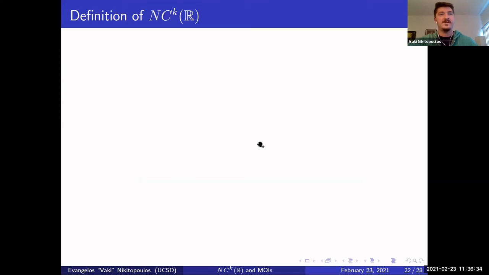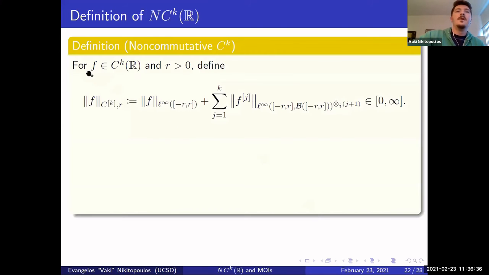This is somewhat of a gear switch now. So if you have a C^k function and a radius, if you will, r greater than 0, I'm going to define the possibly infinite semi-norm, norm C bracket k comma r. And that's going to be the sum of the uniform norm of f on minus r to r, and then these k integral projective tensor norms.